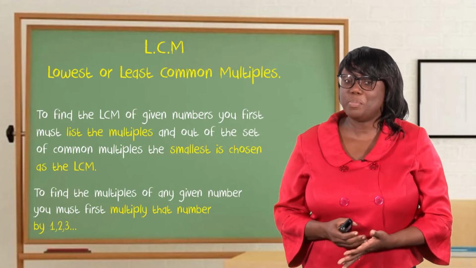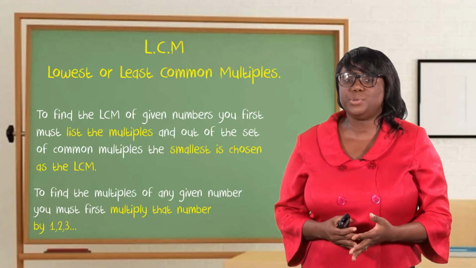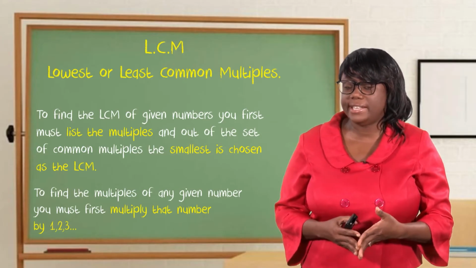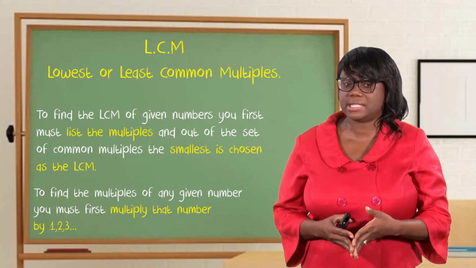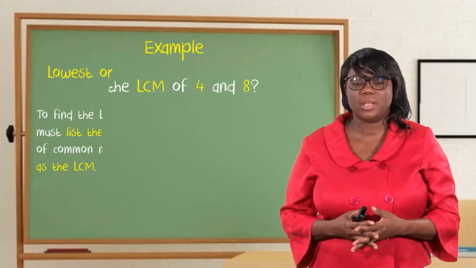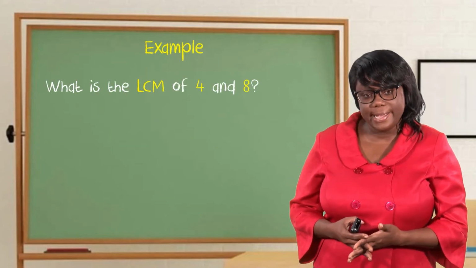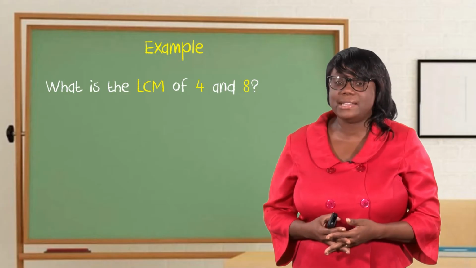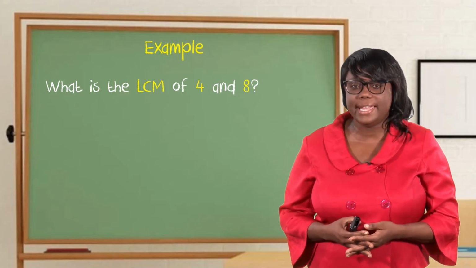Good. So boys and girls, we will do an example of finding the LCM of two numbers. I want you to pay keen attention. So the example is, what is the LCM of 4 and 8?